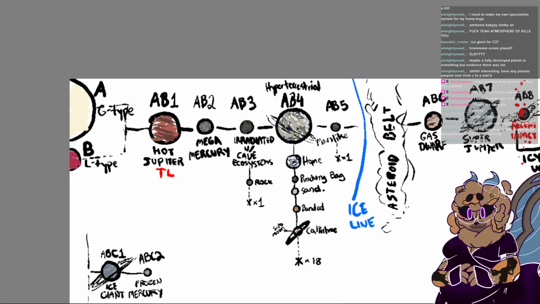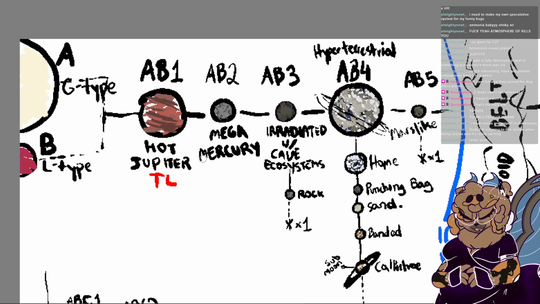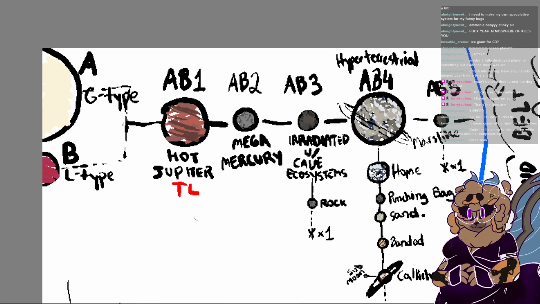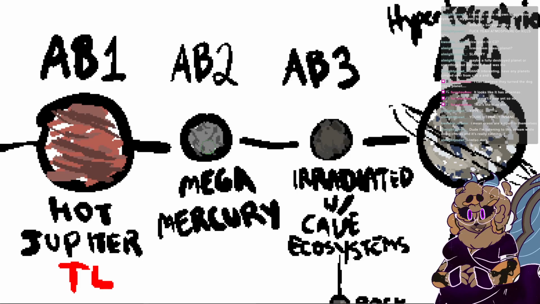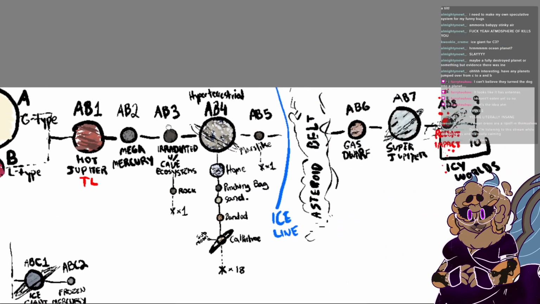One second, yeah. But yeah, AB1 and AB2 are going to be without moons, because AB1 is tidally locked, and AB2 is a mega Mercury.